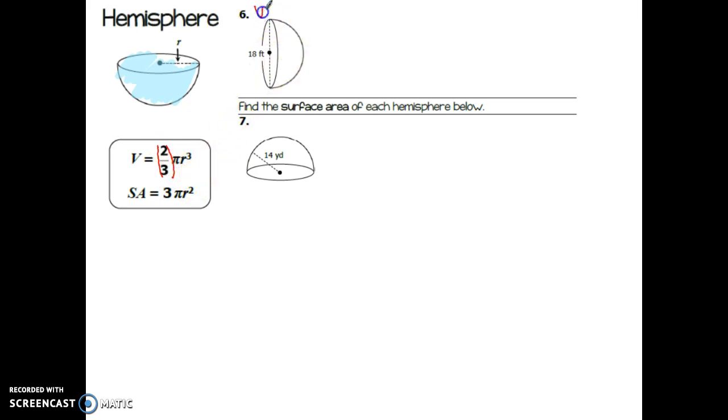So the direction for 6 is actually find the volume. And so I'm going to start off by writing my equations. I'm going to say V is equal to 2/3 pi r cubed. So this is another one that has a cubed radius. So you see here, just go ahead and make sure you are cubing that.